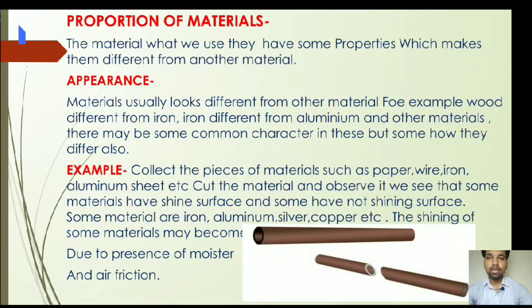We see that some objects are shining and some objects are not. This is because of the texture and materials used in those objects. Some objects have the property of shining and some do not.